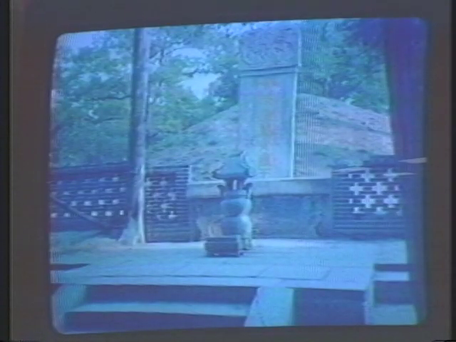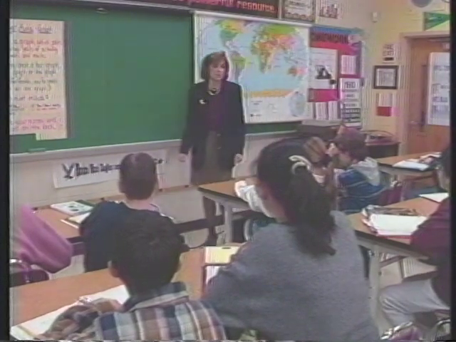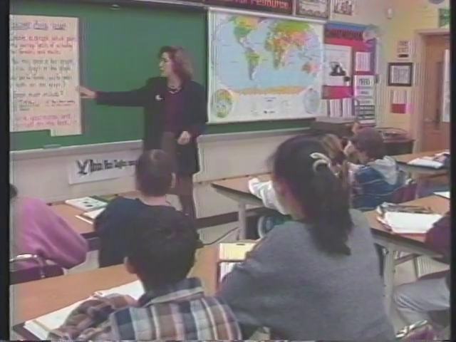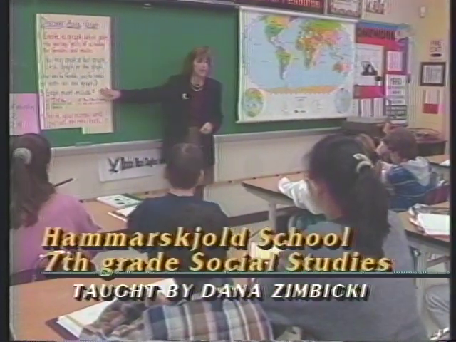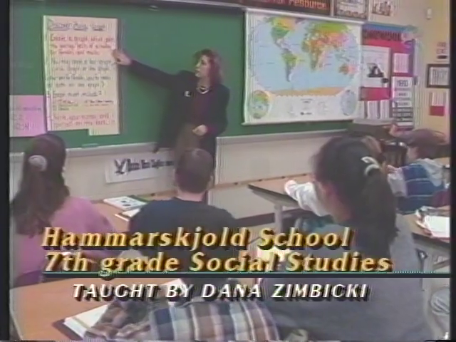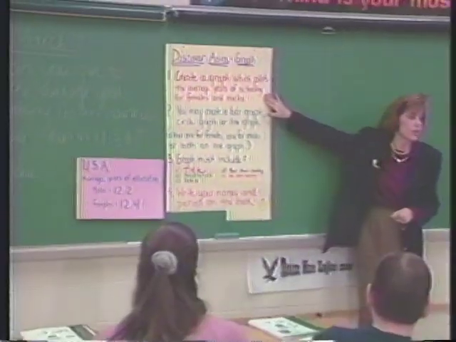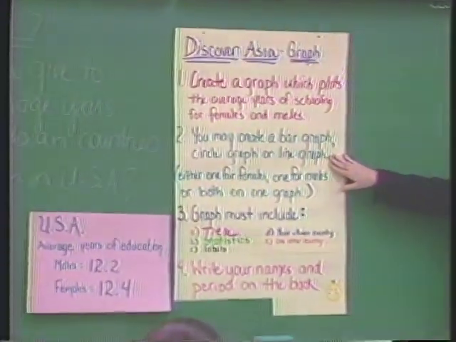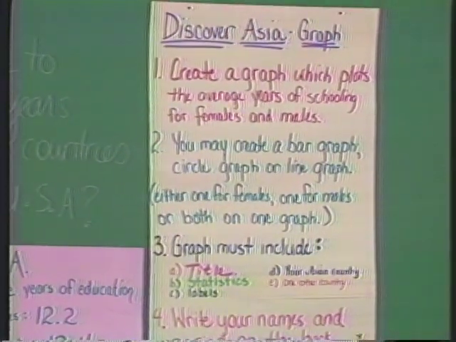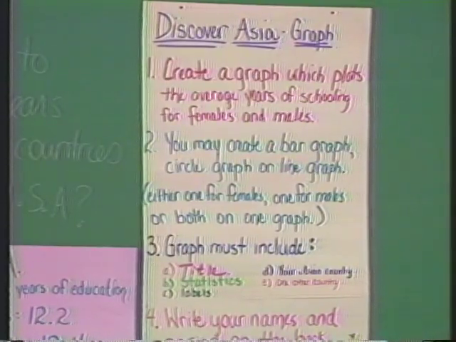Excellent. Okay, we're ready to pick up where we left off yesterday, and that's with our graphing. Remember what we did yesterday? That you were going to create a graph which plots the average years of schooling for males and females in your Asian country that you're assigned. You can create any kind of graph you want, a bar graph, a line graph, a circle graph, a little picture graph.